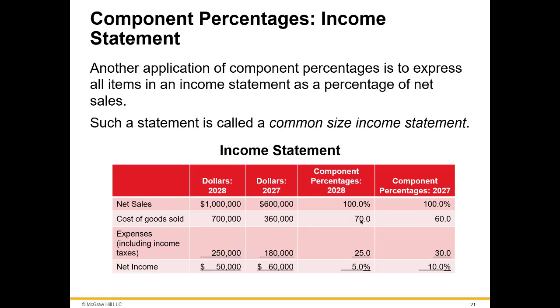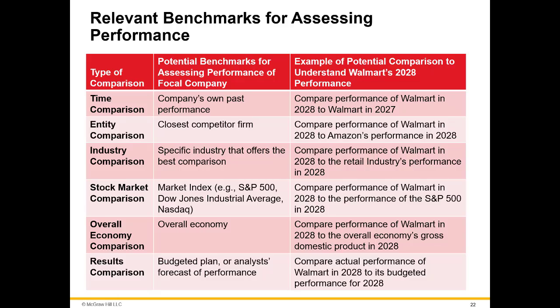For example, cost of goods sold went from 60% of the total to 70% of the total. And so, why did that happen? That's a good question. Are we selling more expensive products? Are the component costs going up as a percentage of sales? Why is that?